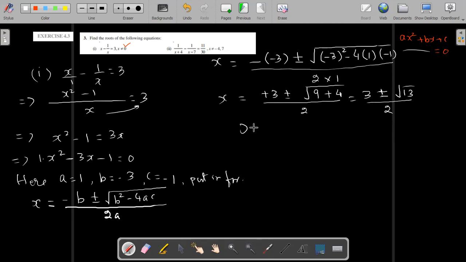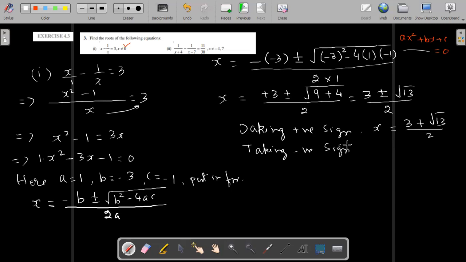Now taking positive sign to get first root, we get x is equal to 3 plus under root 13, which cannot be solved further, divided by 2. Then taking negative sign, we get the value of x as 3 minus under root 13 by 2.